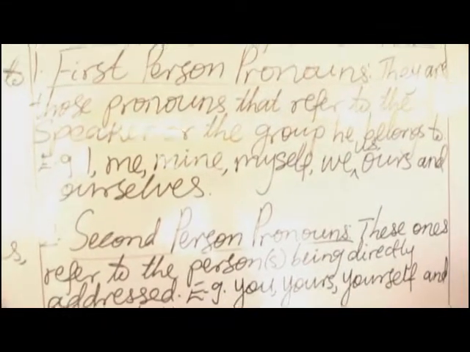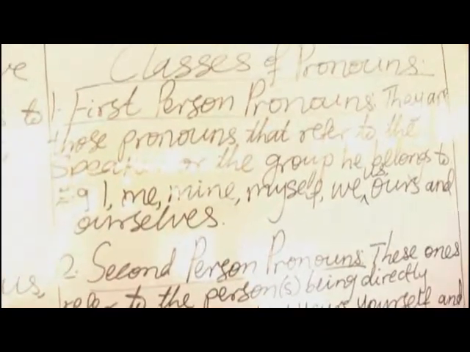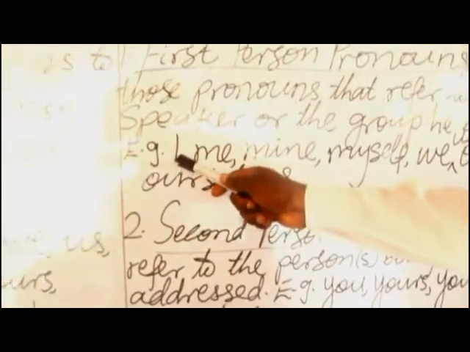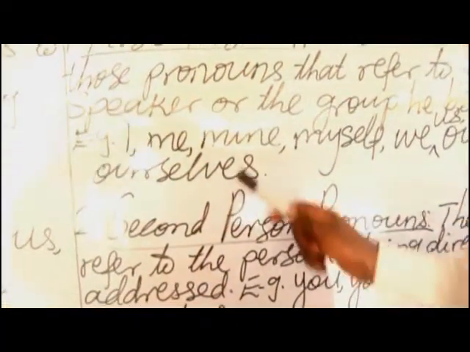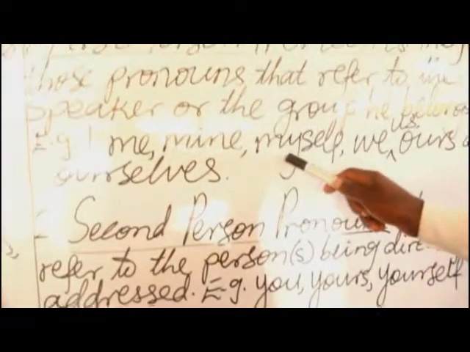First person pronouns are those pronouns that refer to the speaker or to the group he belongs to. That means somebody speaking, like for instance, myself. I am talking. Whenever I use a pronoun that stands for me or stands for the group I belong to, that is a first person pronoun. Those pronouns are I, me, mine, myself.